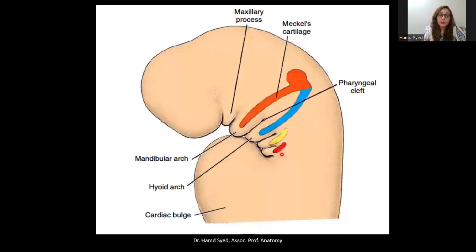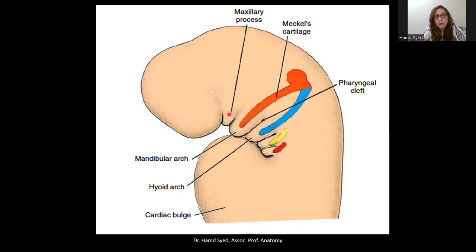Now, looking at another diagram over here, the upper part of the embryo on the external surface, we can see the first pharyngeal arch, which is the largest arch, is actually subdivided into 2 processes. The dorsal process is known as the maxillary process, whereas just beneath it, the ventral process is the mandibular process of the first pharyngeal arch.